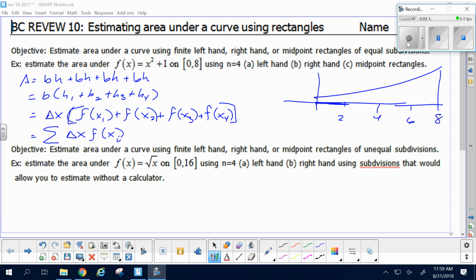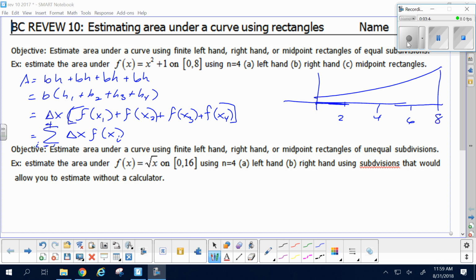I don't like to use n because n usually represents the number of rectangles, so I'm going to use i for a counter. Now if it's 4 rectangles, then I'll go from the first to the 4th. So remind me, what does delta x stand for? The base of the rectangles, and f stands for the height.